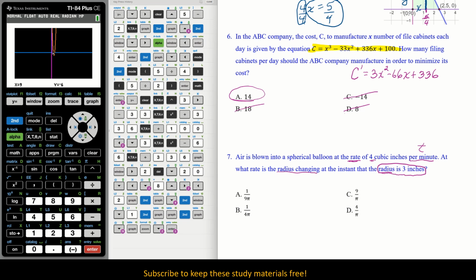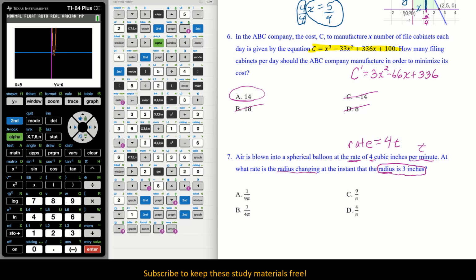We will have to get the first derivative. Air is blown into the sphere, so don't confuse rate with radius. I'm just going to use the whole word rate, and say that equals 4t, 4 times however many minutes that actually is.